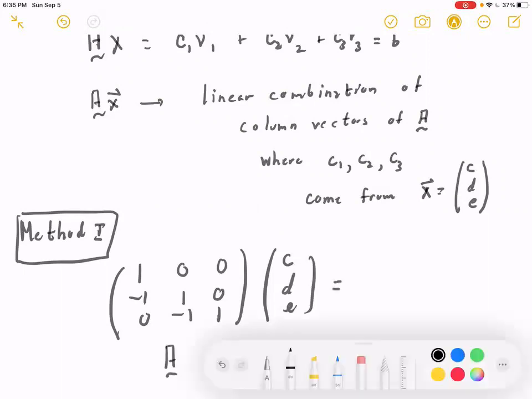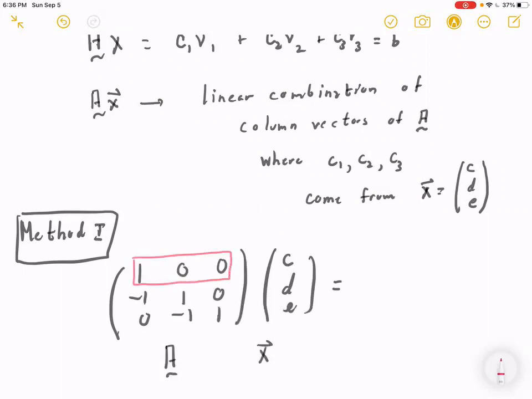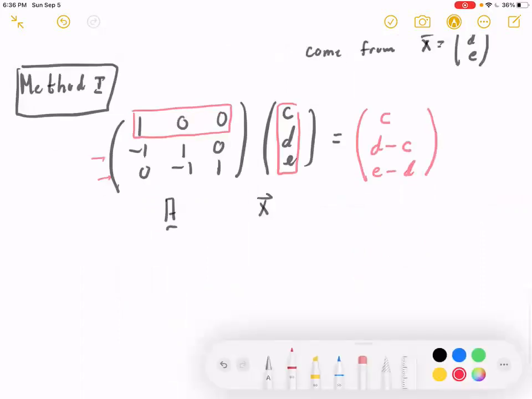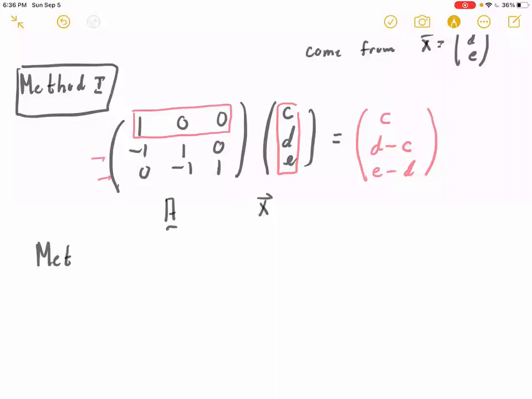If I multiply these two things by using our convention of taking the row of the first matrix and multiplying by the column of the second matrix, I'll get C, and then second row, first column, D minus E, third row, first column, E minus D. I get a 3 by 1 matrix that looks like that.